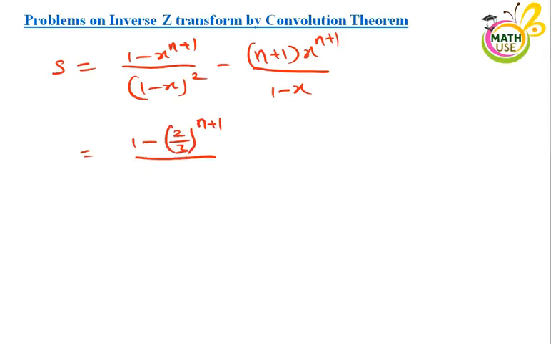So 1 by 3 the whole square is 1 by 9, minus n plus 1 into x value 2 by 3 the whole power n plus 1 divided by 1 minus x. 1 minus x is 1 by 3.